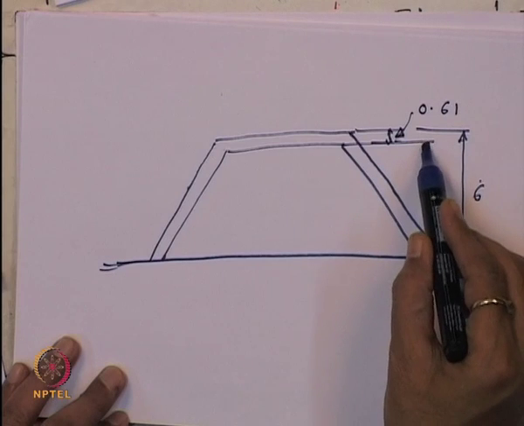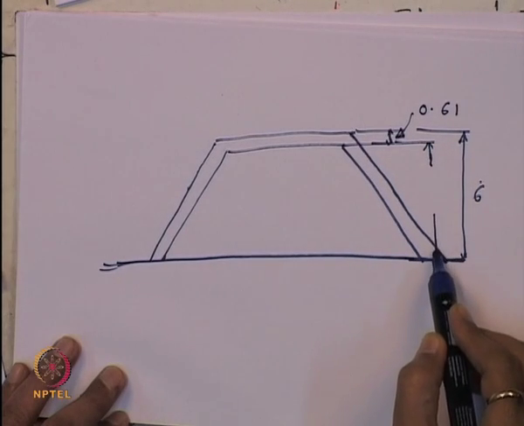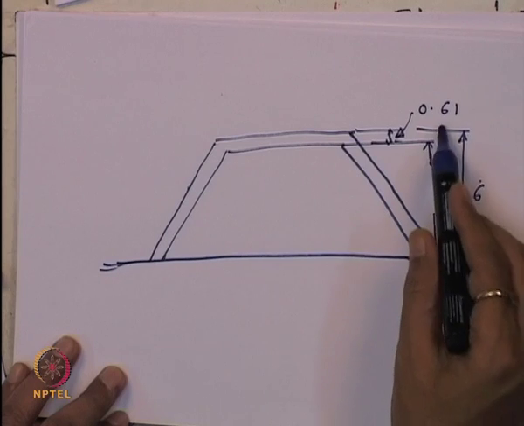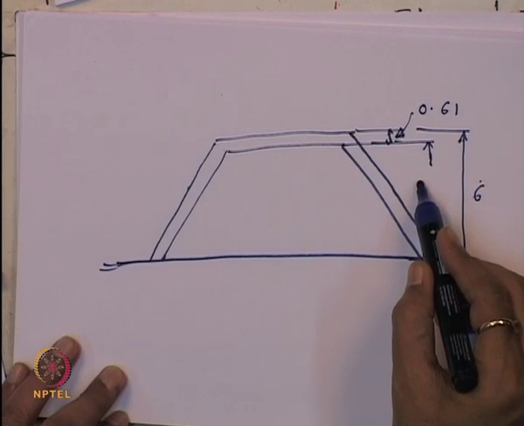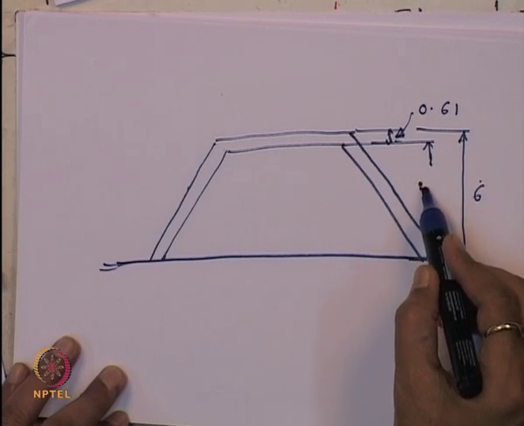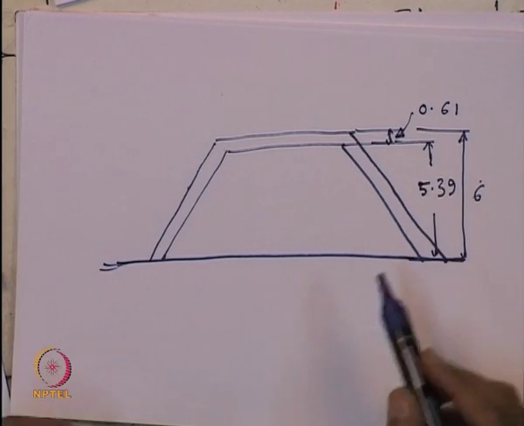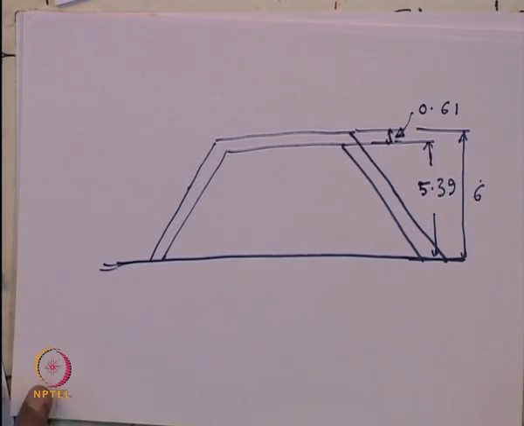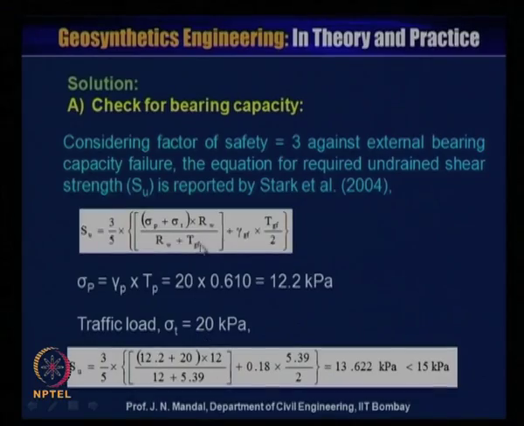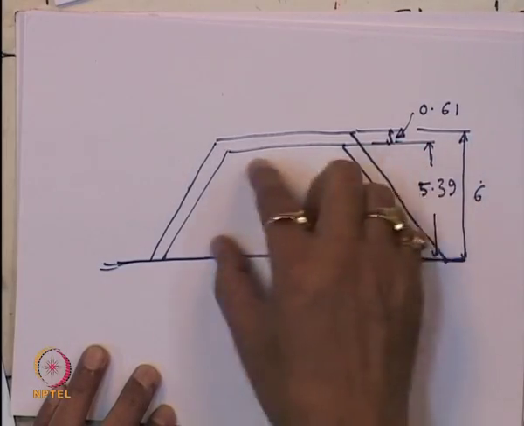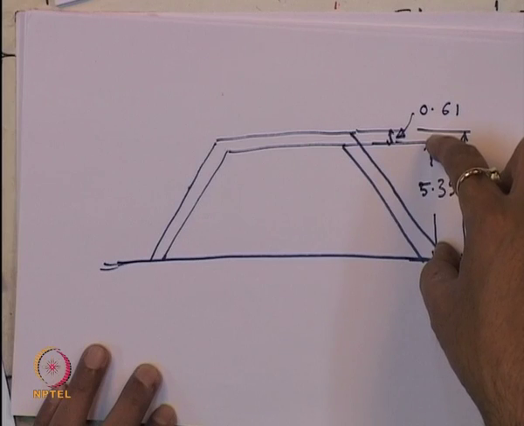So, this height will be 6 minus 0.61, that means this will give 5.39. So, this is 5.39 and this is 0.61. So, you can write that this is basically geofoam. So, this is geofoam of 5.39.